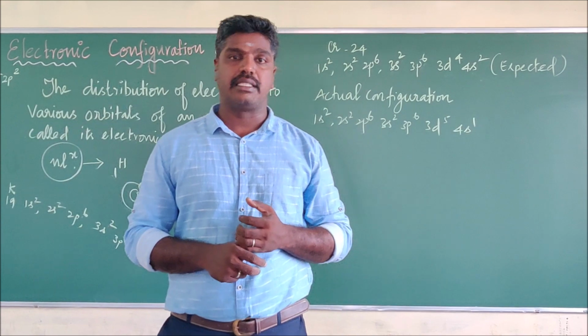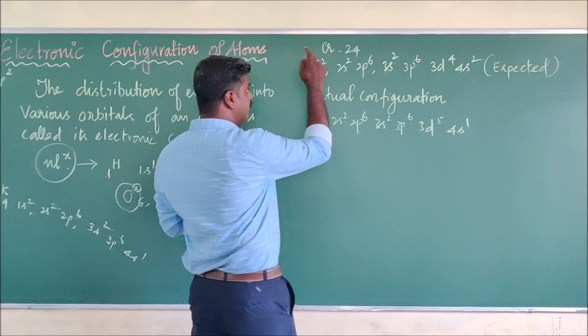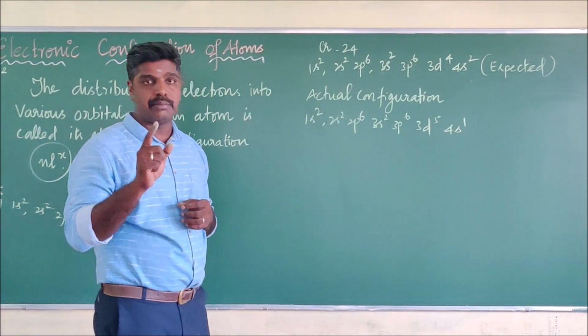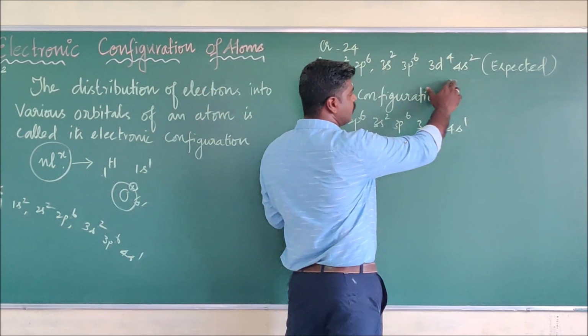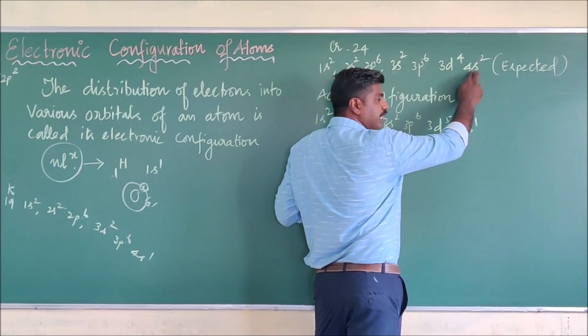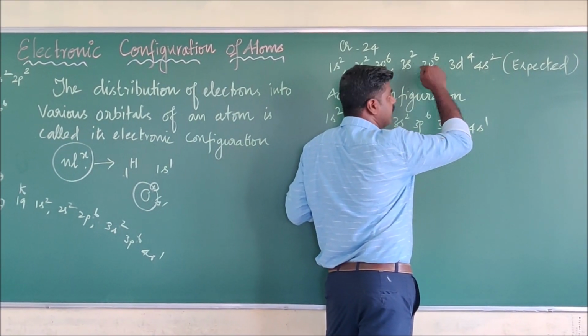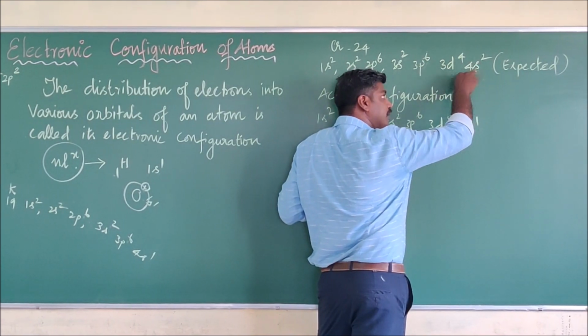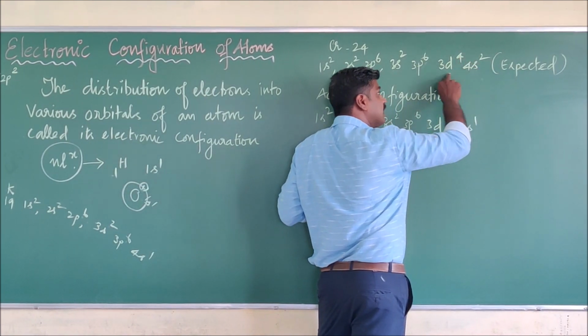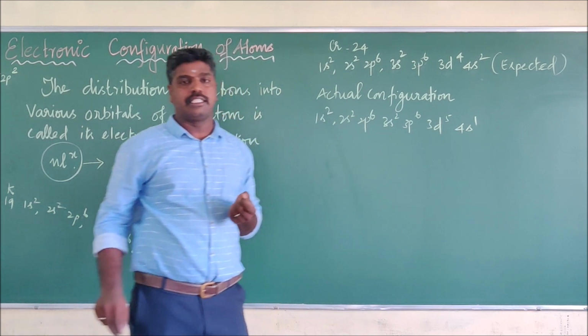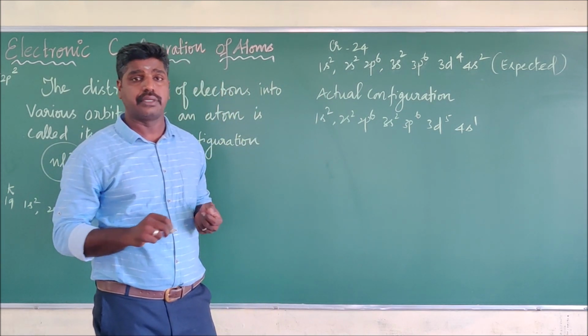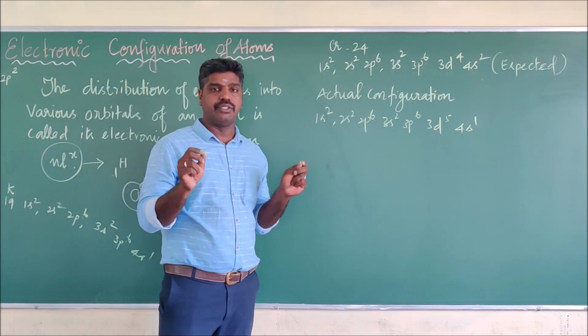That's why they are called d block elements. Definitely chromium belongs to the d block. See here, after finishing 3p6, the electron jumps to 4s2. They fill 2 electrons there. The remaining 4 electrons come to the d orbital. That's why they are called d block elements. So you should not have any confusion here.